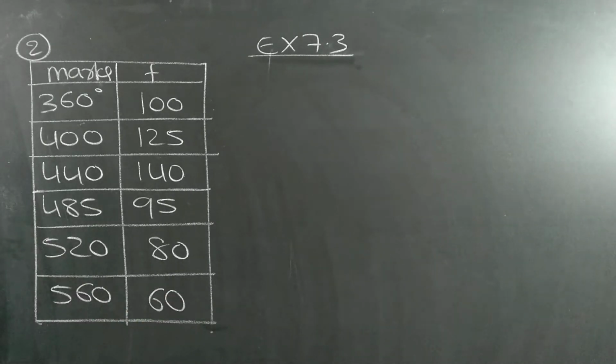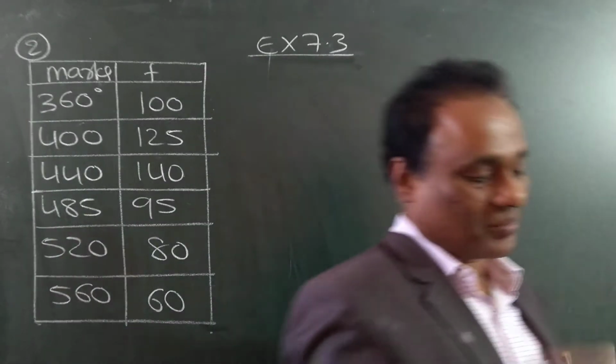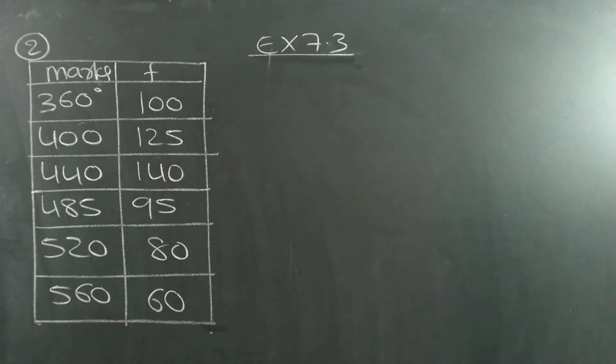Students, this is a table. Construct the histogram. 360, 100, 125, 140, 95, 80, 60, and 360, 400, 440, 480, 520, 560.